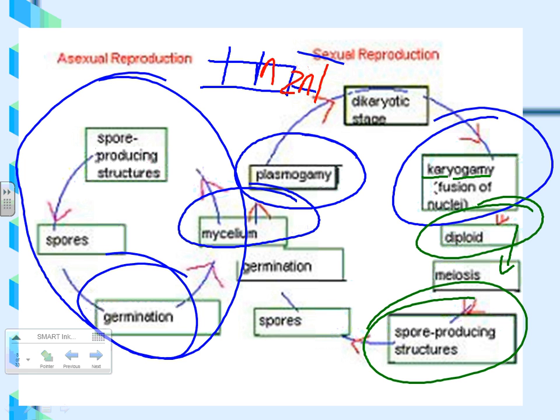Those are then distributed by air, wind, whatever, germinate, grow into a brand new fungus that's genetically different than both its parents. That makes sense. That's the general sexual reproductive cycle, not of just basidiomycetes, but almost all the fungi. That's the way they work in general.